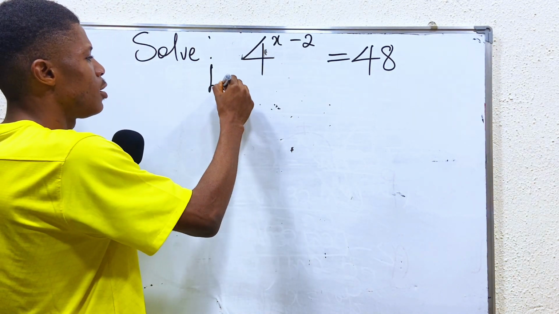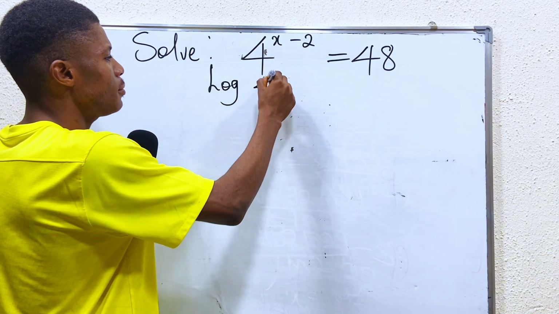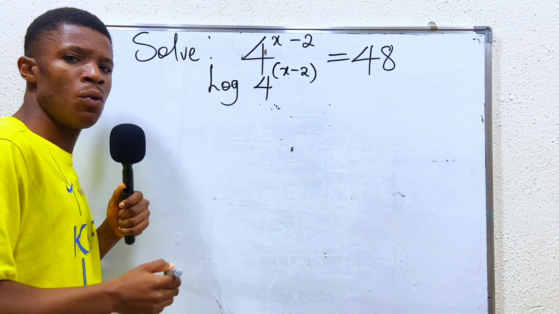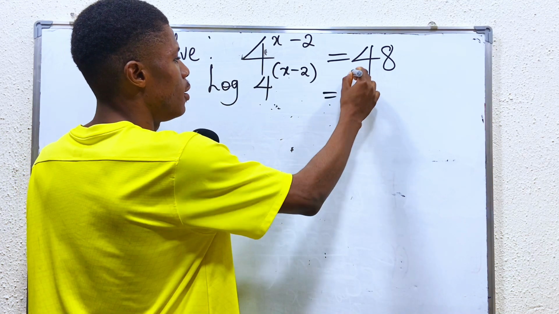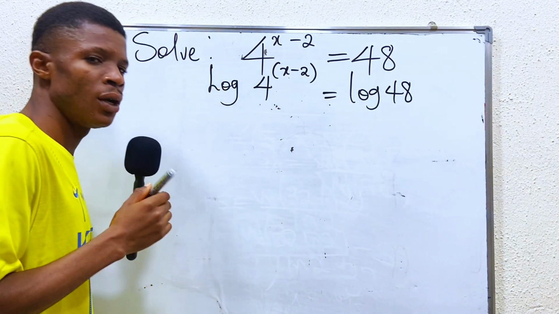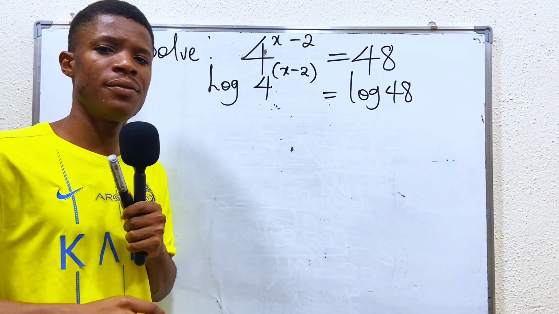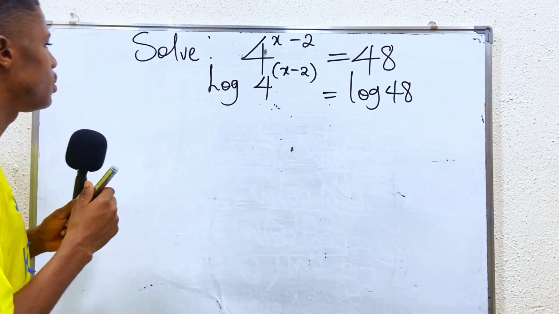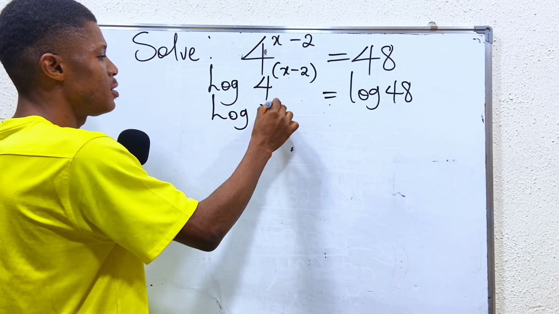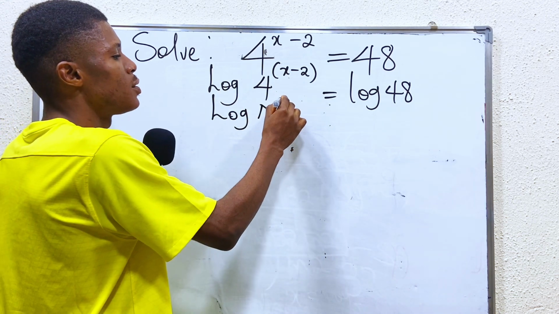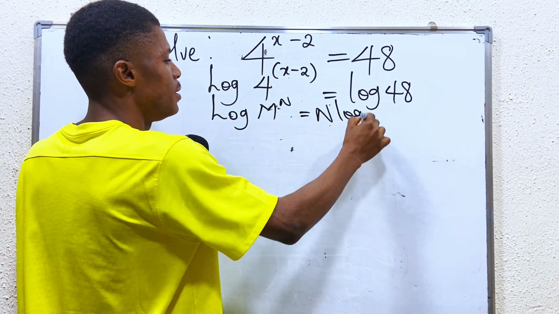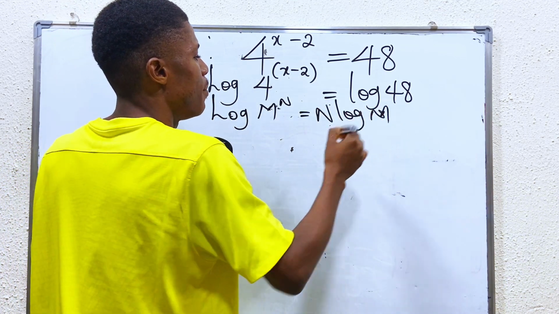So if I take the log of 4 to the power of x minus 2, I will also take the log of 48. Okay, so this is what we have. You recall the law of logarithm, which says that when you have log of a certain number, let's say m, raised to the power of n, you are free to multiply n by log m.